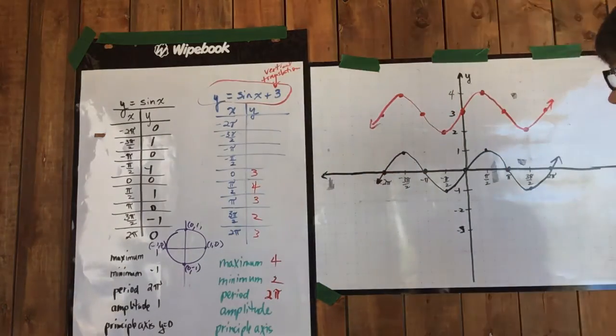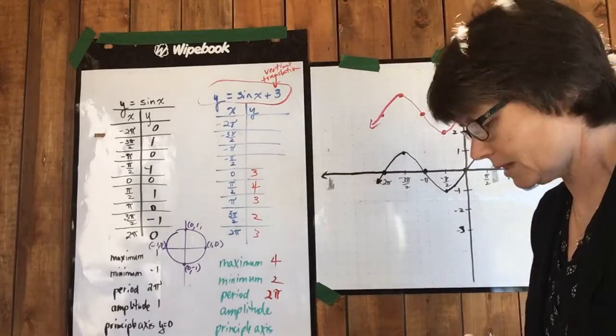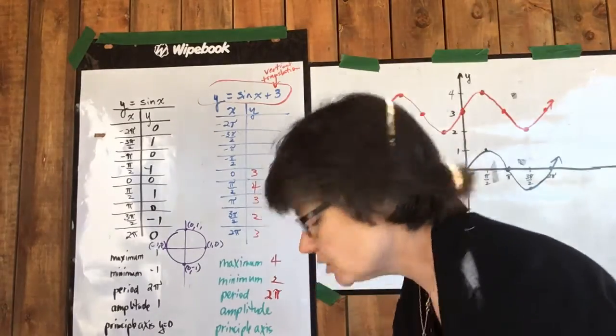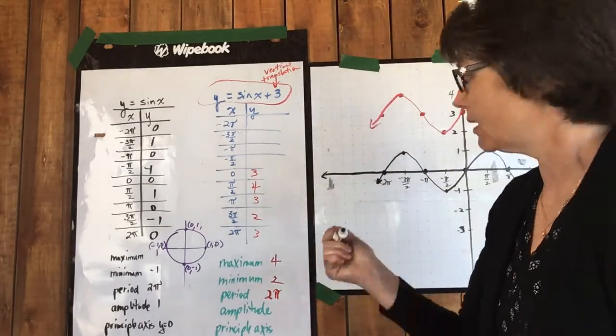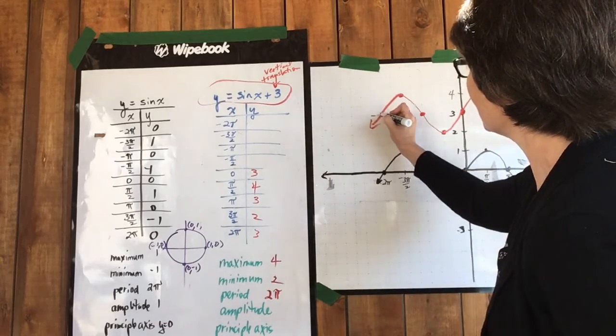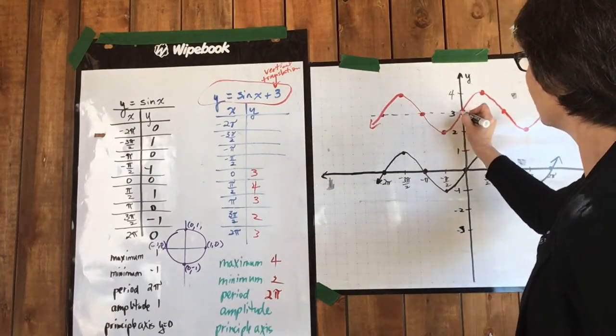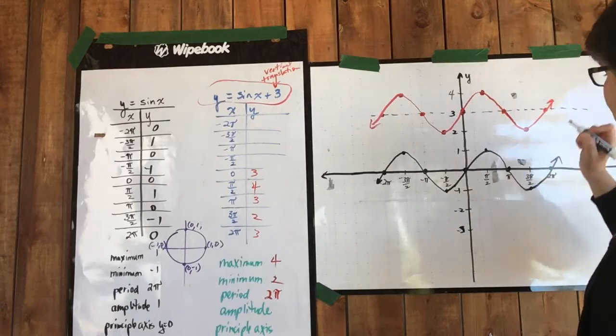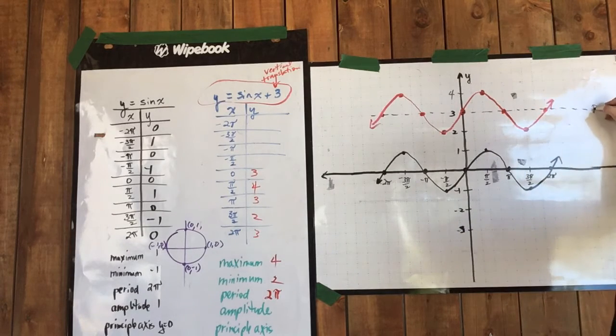Amplitude, what about amplitude? So amplitude is from the middle of the graph. You actually do not draw this middle on here, but I'm going to draw it on here just to show you. This is where the principal axis is, in the middle of the graph.